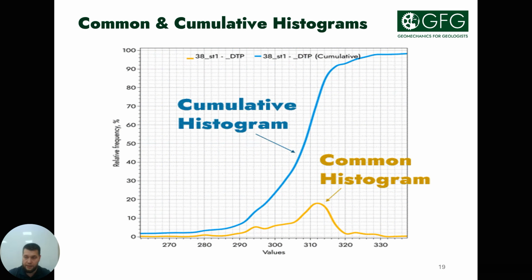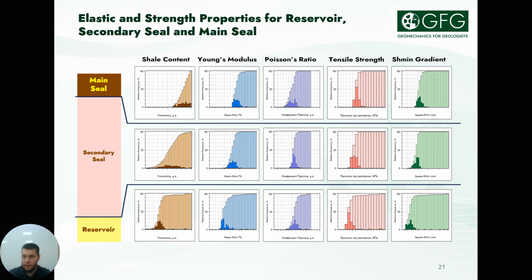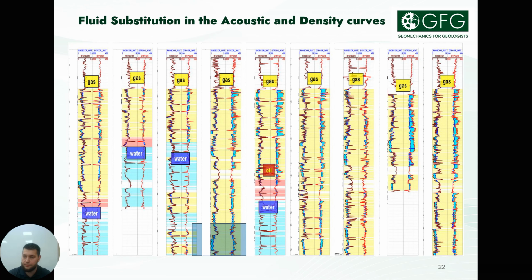An example is given here. In addition to normal distribution, there can be many different distributions in geomechanics, for example, binomial, exponential, Poisson, Fisher, etc. Examples of extracting probabilistic values for the main and secondary seal and reservoir are shown on this slide.